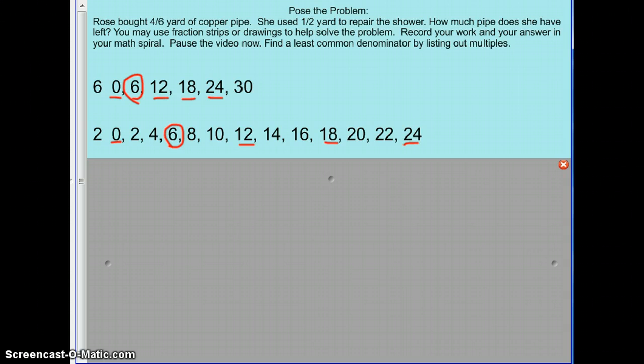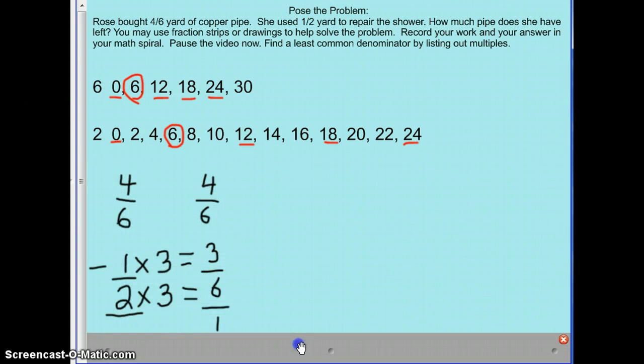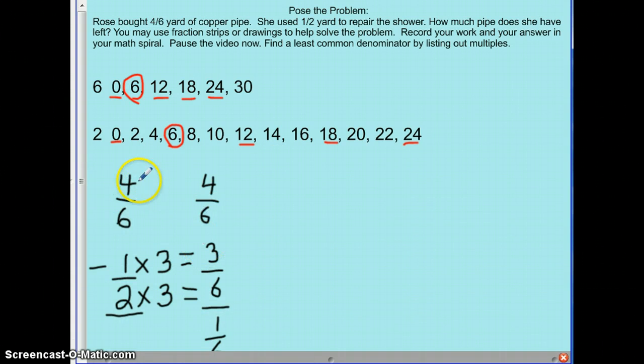You guessed it, 6 is the least common multiple, therefore it's the least common denominator. So I leave my 4/6 because it already has a denominator of 6. So I come down here and I put it across from 1/2. I say, how many 2's go into 6? 2 times 3. So my denominator is multiplied by 3, so my numerator is multiplied by 3.